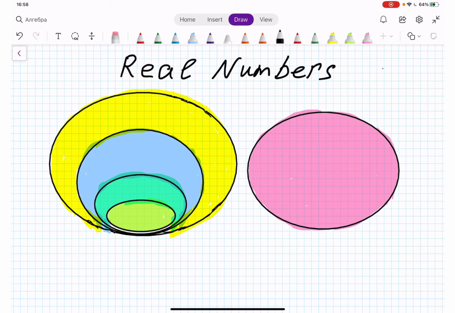All numbers that exist in the world, we call them real numbers. Then, real numbers are separated into rational numbers and irrational numbers.